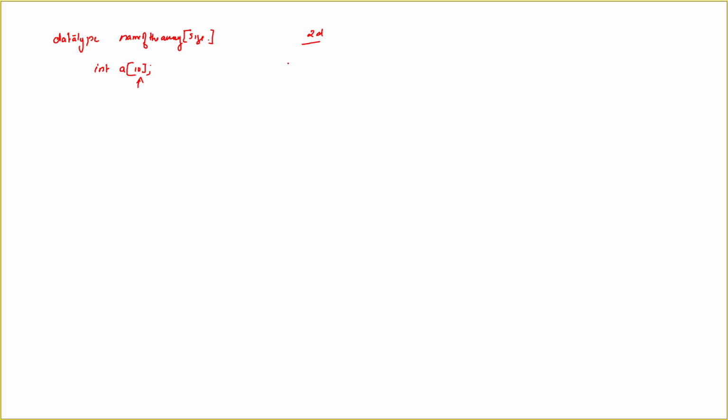So to declare a matrix, we write the data type, the name of the array, in square brackets the number of rows, and in the next square brackets the number of columns. So this is how you declare a two-dimensional array or matrix.